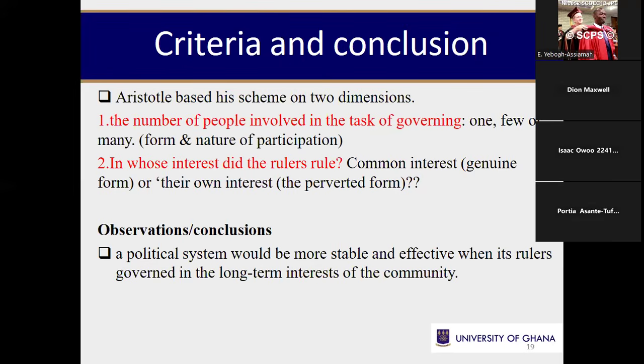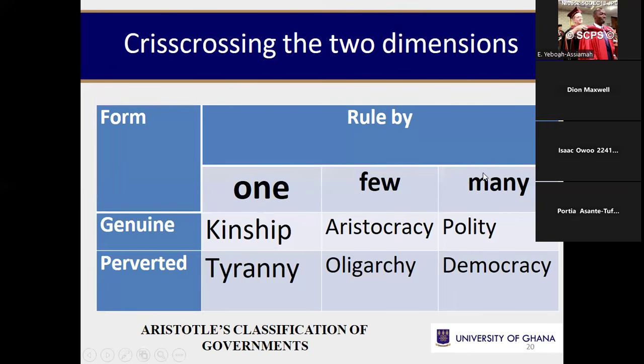So when the rulers governed in the long-term interest of the people, that was what he found after observing all the 158 city-states. So here we are. I summarize it here. This is from your text, but I've summarized it here.